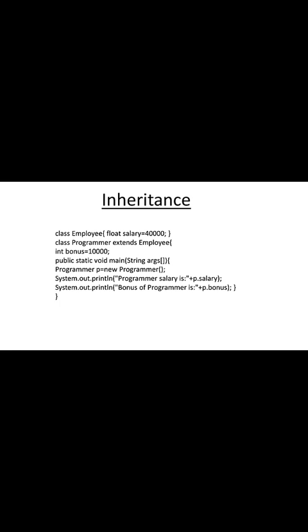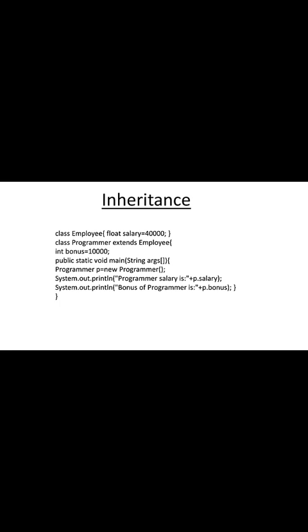Inheritance: the process by which one object acquires the properties of another object. What is inheritance in object-oriented programming? Inheritance is the procedure in which one class inherits the attributes and methods of another class. The class whose properties and methods are inherited is known as the parent class, and the class that inherits the properties from the parent class is called the child class.